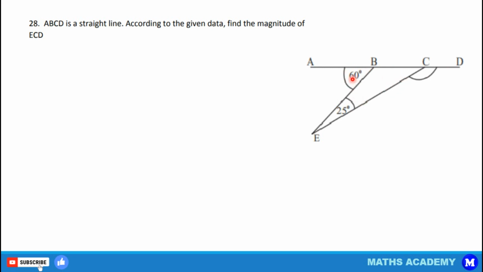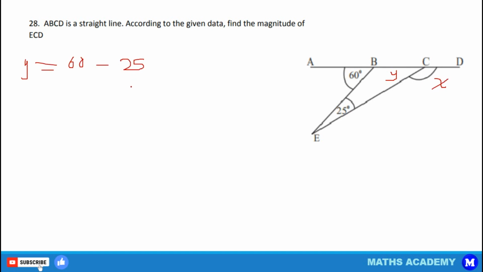So the sum of the opposite interior angles of this exterior angle is this angle and this angle. So this angle and this angle will be equal to 60 degree. So then 60 degree minus this angle, you get this angle. So if you put this angle as y, this angle as x.